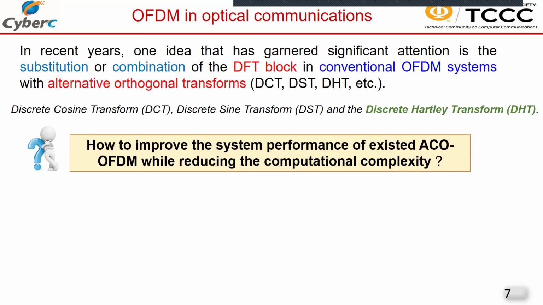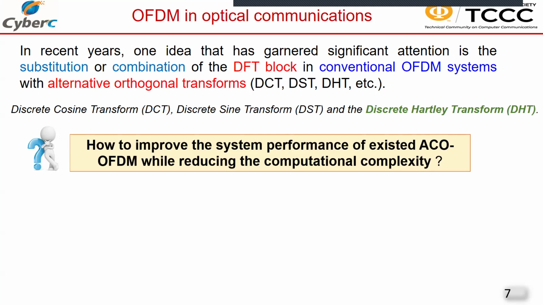The aim is to enhance system performance, such as reducing the peak to average power ratio, also called PAPR, or minimizing the bit error rates, or simply reducing the computational complexity.